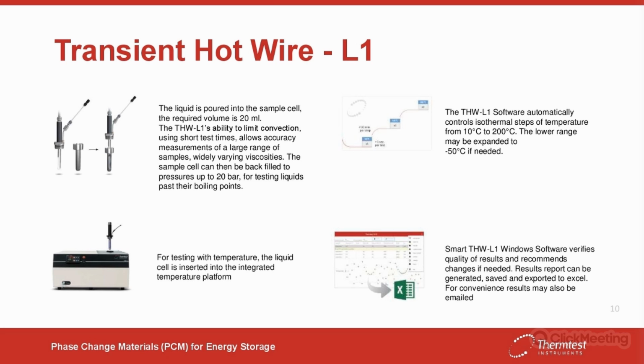And the Smart THW L1 software verifies the quality of the results at each temperature step, and also recommends changes if needed, and at the end of the test gives a results report, either in a printed report or in an Excel file where the data can be further analyzed, or additionally the user can receive the results in their email.